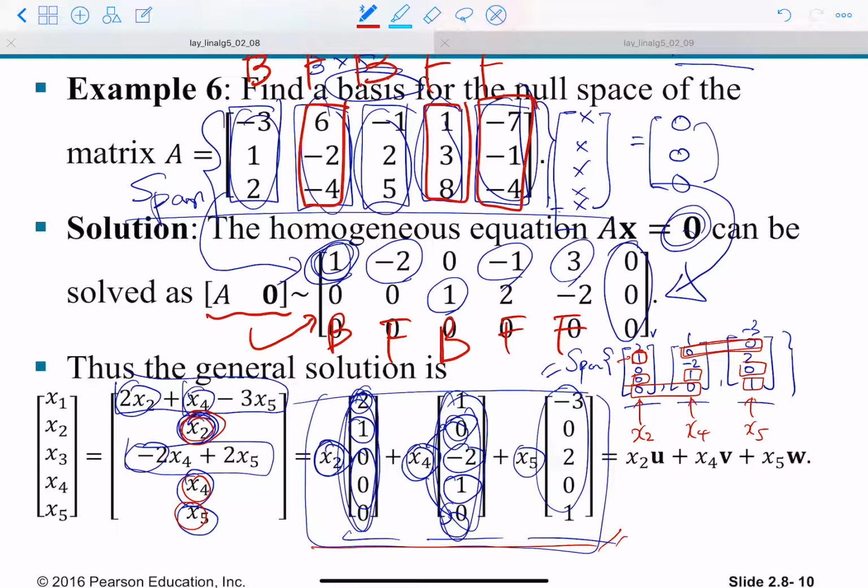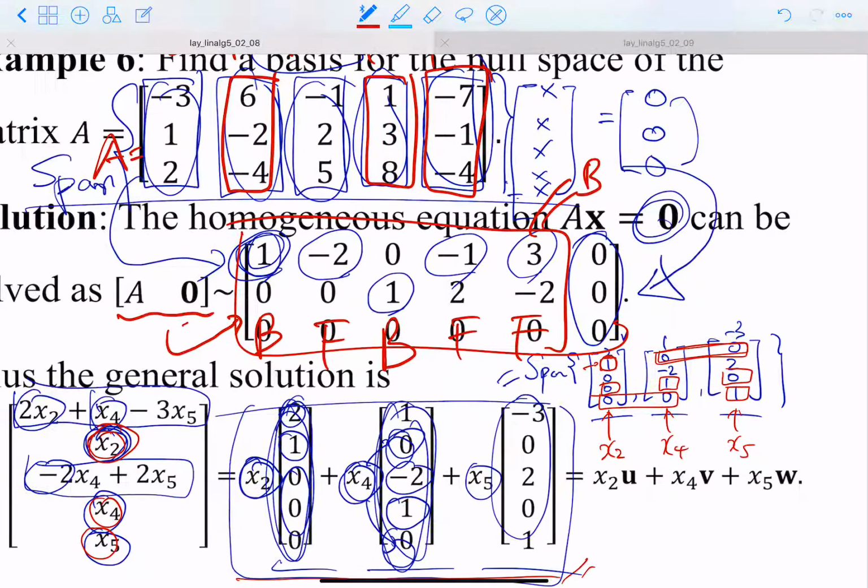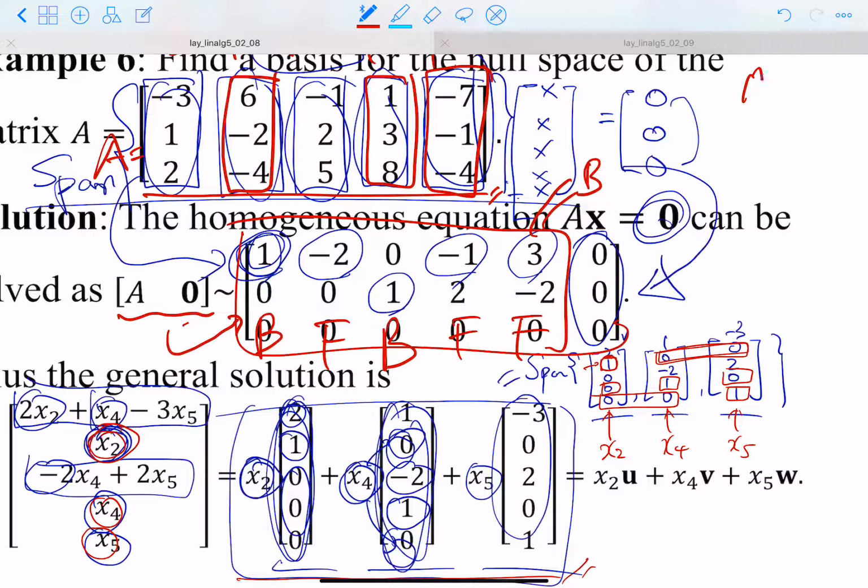Let's call this original matrix A, and this matrix B. Originally we are given Ax = 0, and Bx = 0, where B is the reduced echelon form of our original matrix A. The solution sets of Ax = 0 and Bx = 0 are the same, right?